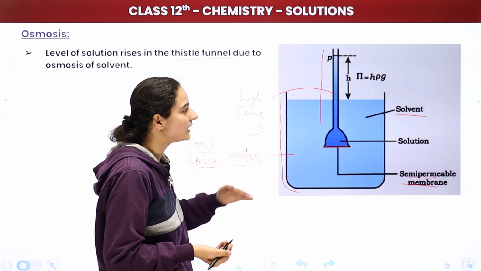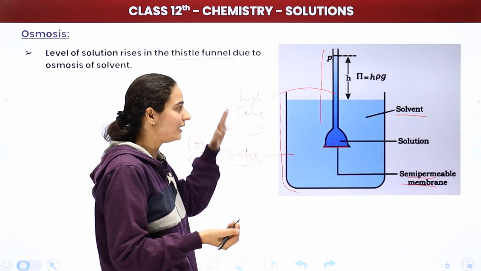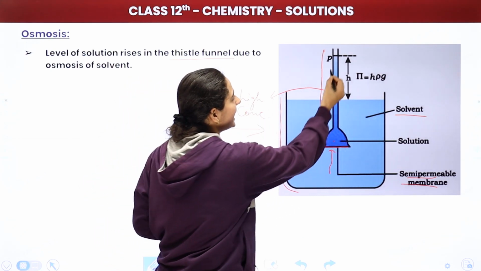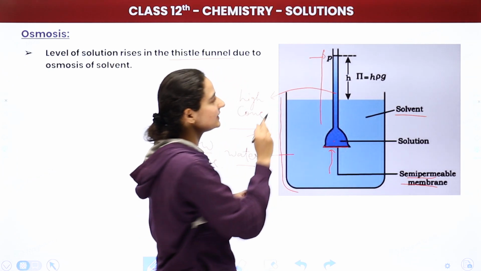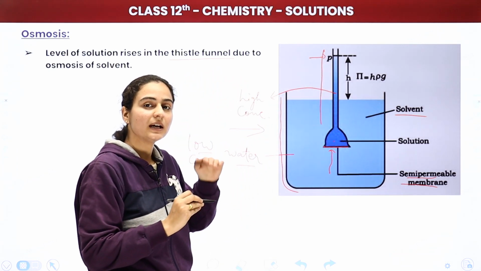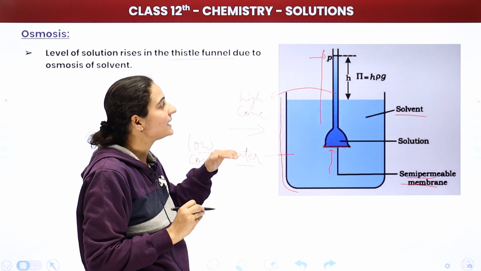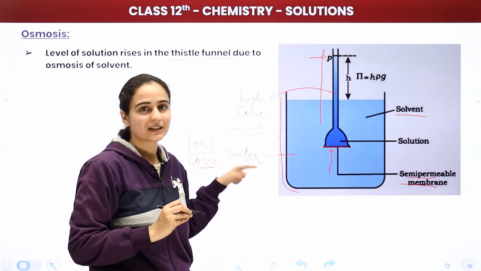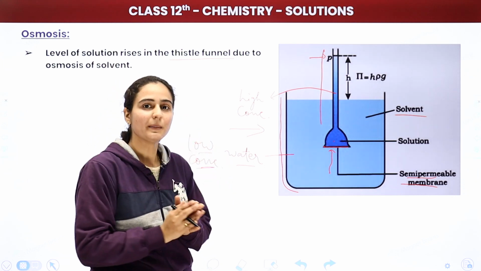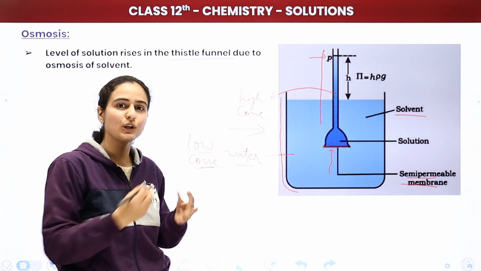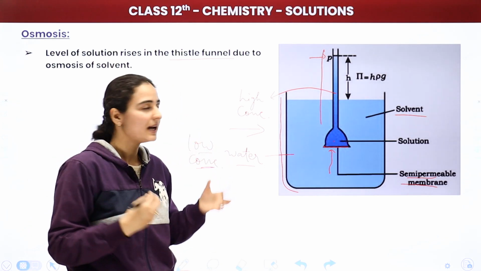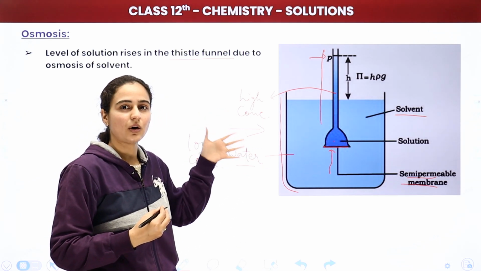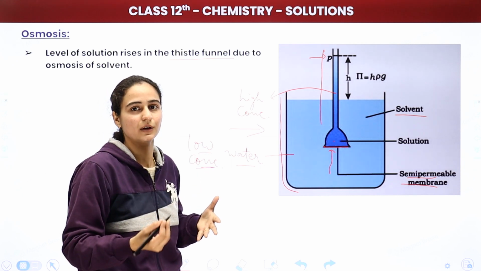So from the beaker the water molecules will move inside the thistle funnel, and here हम लोग देख सकते हैं in the experiment that we observed that the water level has risen up inside the thistle funnel. ठीक है? So using this experiment also we can easily understand कि osmosis क्या होता है and the direction or the movement of particles कहाँ से कहाँ होता है.